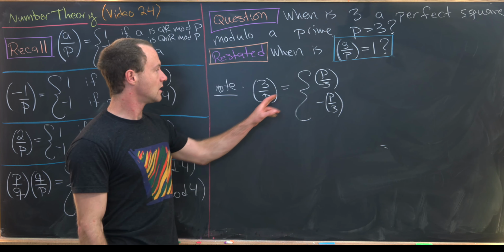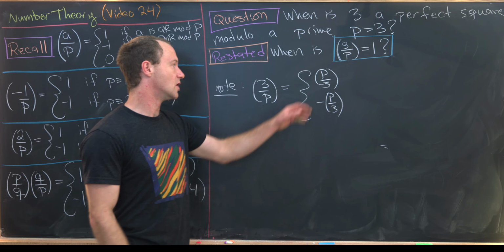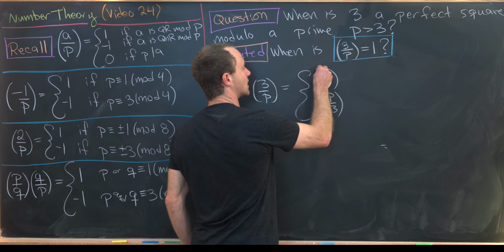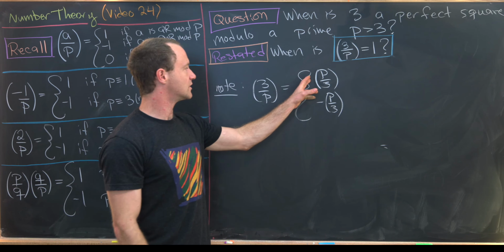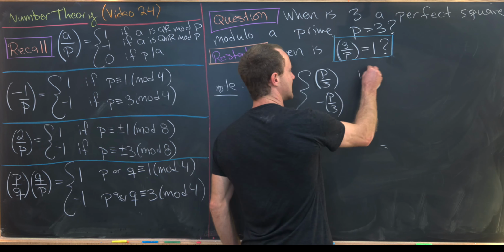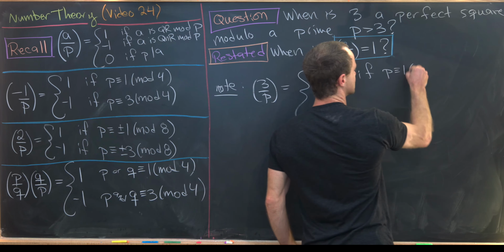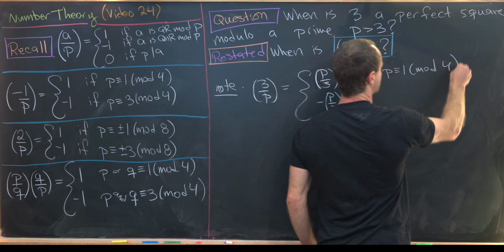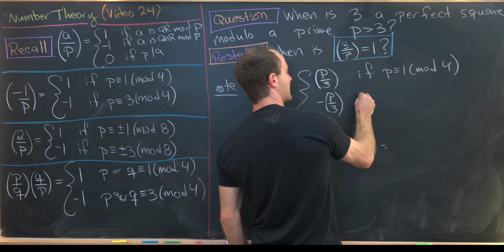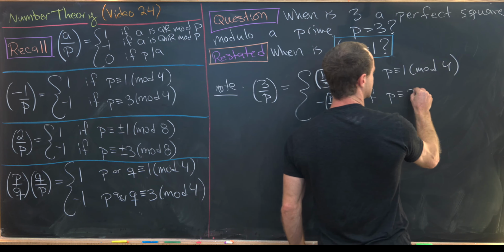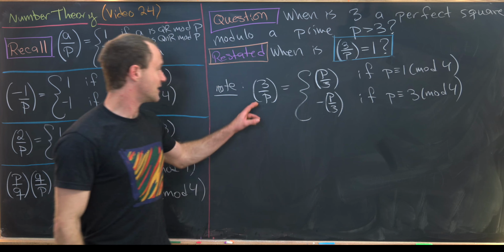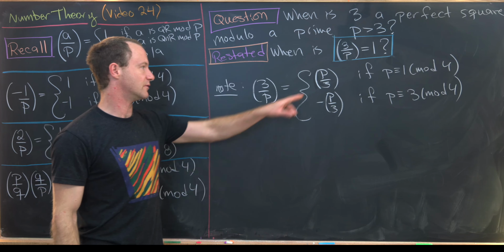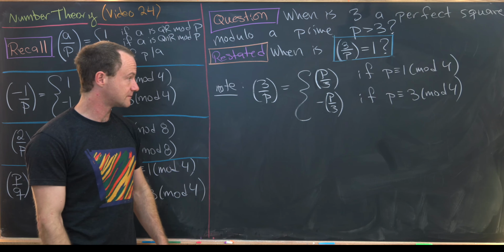So all of this switching hinges on whether or not p is congruent to 1 or 3 mod 4. We do not pick up a minus sign if p is congruent to 1 mod 4. And we do pick up a minus sign if p is congruent to 3 mod 4. Okay, so that's how we can switch our 3 by p with our p by 3.